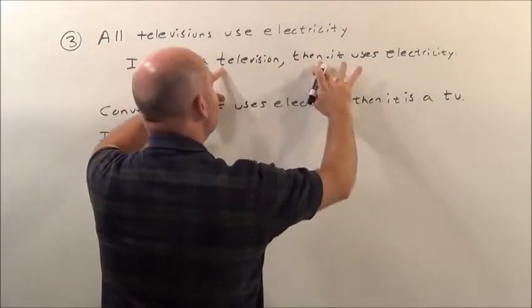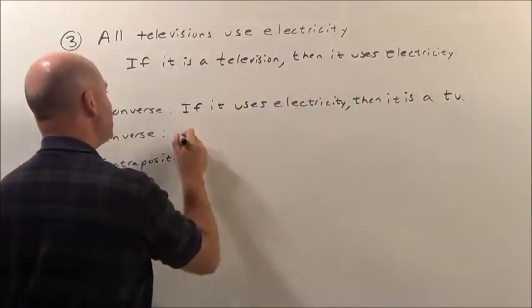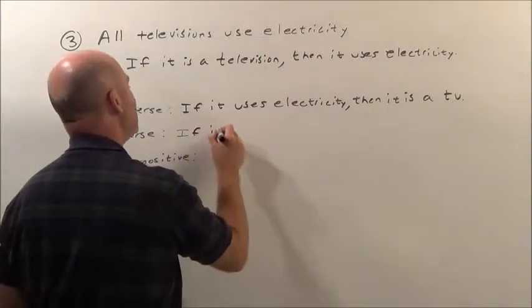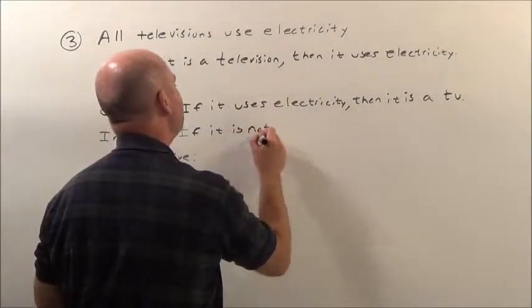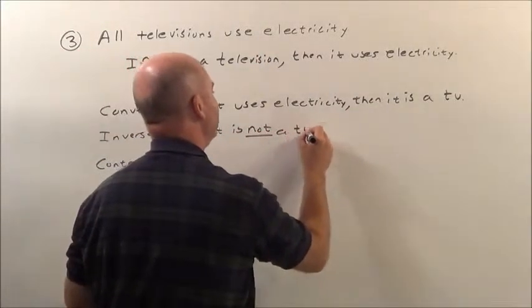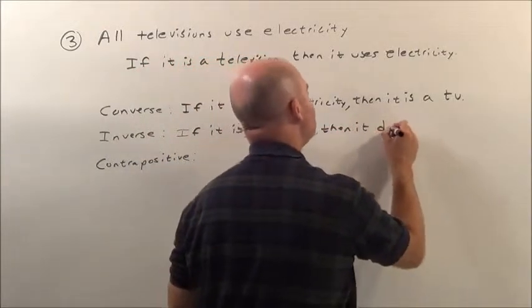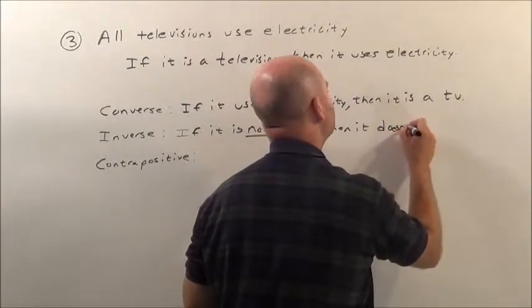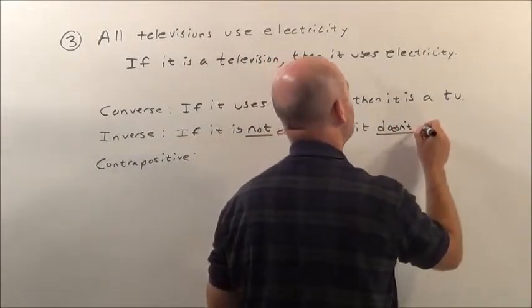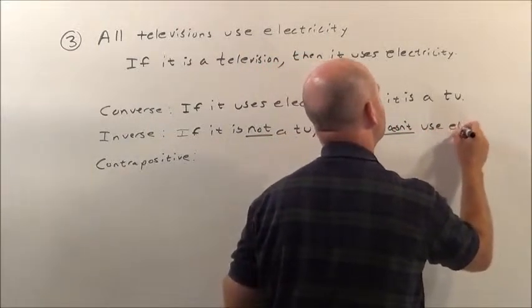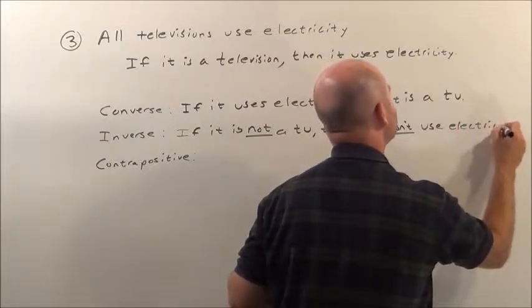I'm simply going to negate both parts. So it'll be if it is not a TV, comma, then it does not, doesn't is what we'll say, use electricity.